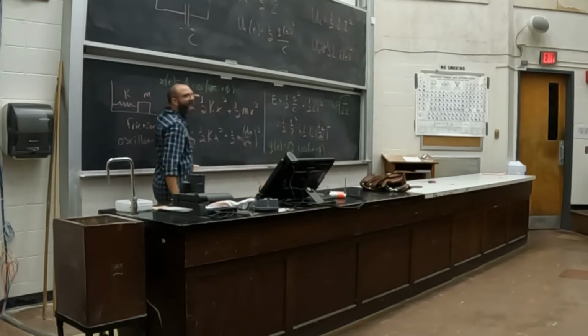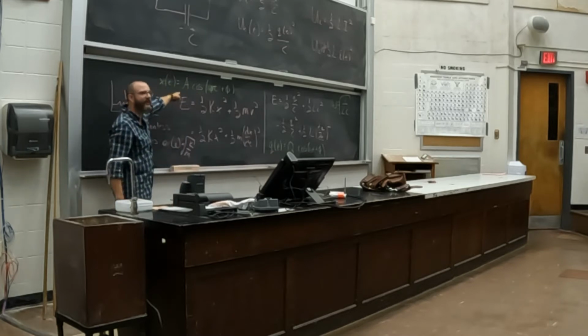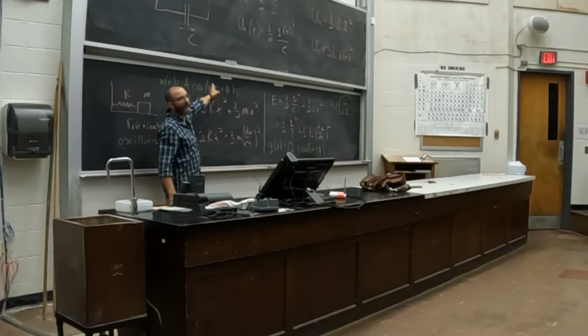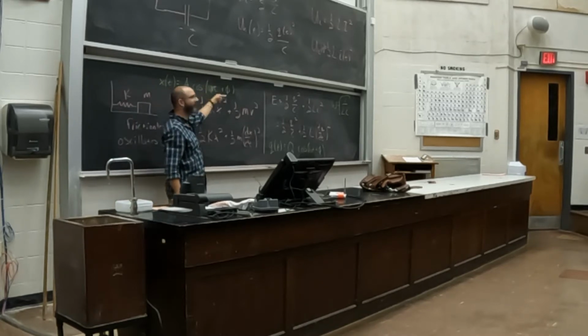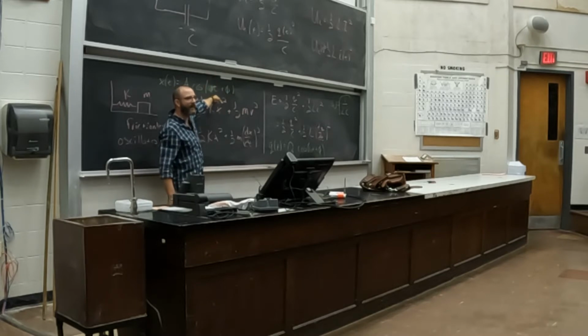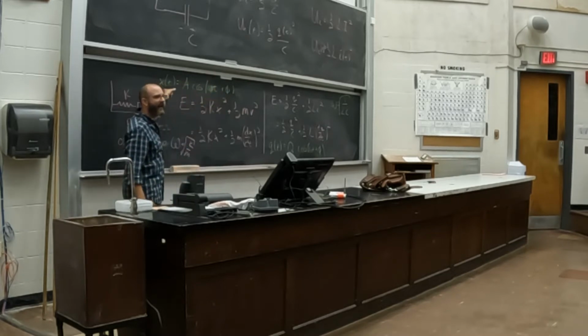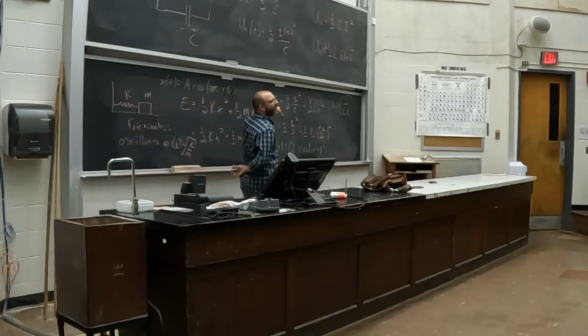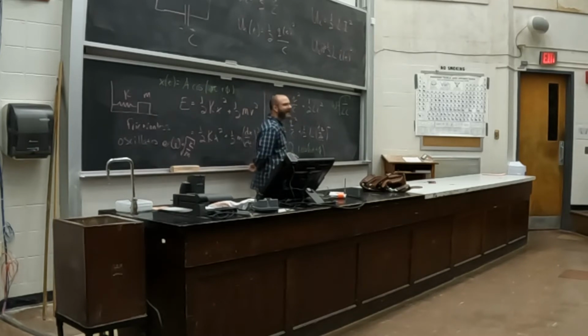How did I get the velocity equation from this? Well, I just took the derivative with respect to time. You're going to get a minus sign from the cosine. Chain rule gives you an omega. So you get minus A omega sine omega t plus phi. Same thing here. How do I get the current as a function of time? I take a time derivative.